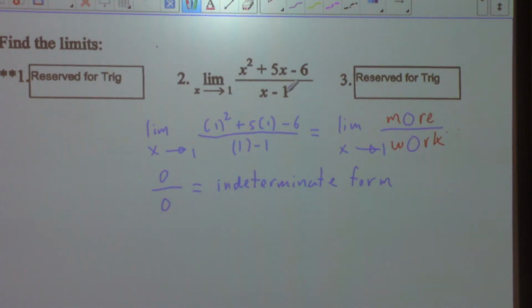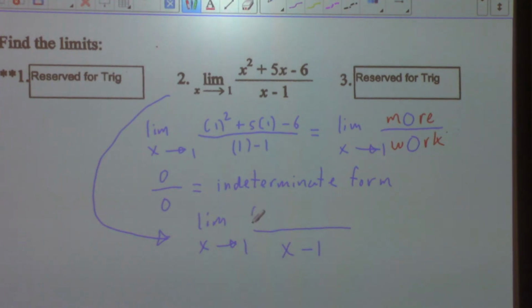One thing that happens, if you see something like this, what that usually means, in fact what it always means, is that for this thing to be 0 over 0, the denominator has to be a factor of what's in the numerator, because that's the only way for that to be possible. So we can instead rewrite this as limit as x approaches 1, and then we have x minus 1.